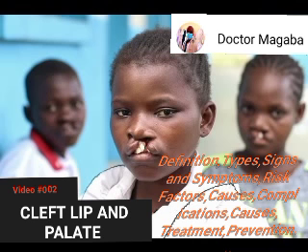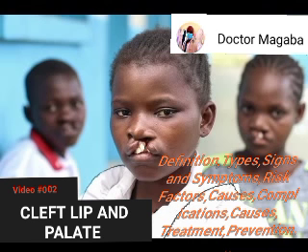If the woman or the mother is obese, that puts the child at a high risk. Children born to obese women have a high risk of having a cleft lip and palate. Now, those are the risk factors, and there are very many others, but I'm just touching on a little bit. You go and do further research.